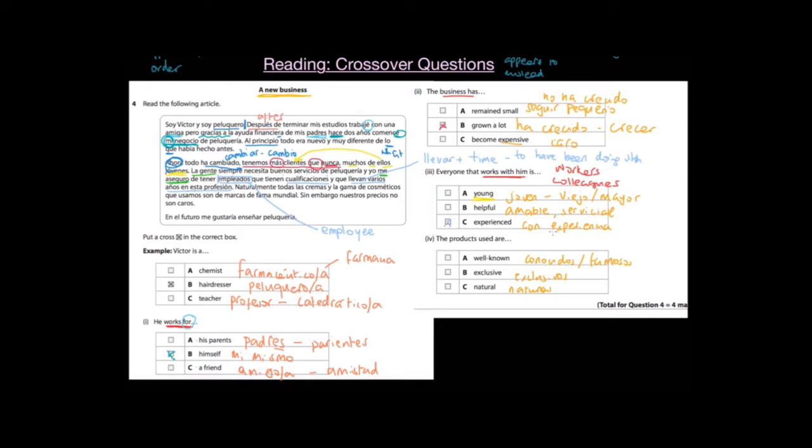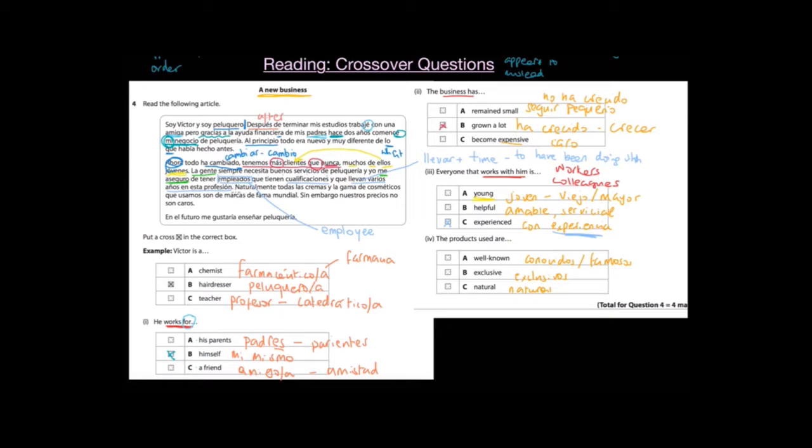Notice how we don't find a word like experiencia, but they're telling you in a roundabout way. And now the last answer I need: the products used are, what are they? Well-known, exclusive, or natural? So let's continue reading.